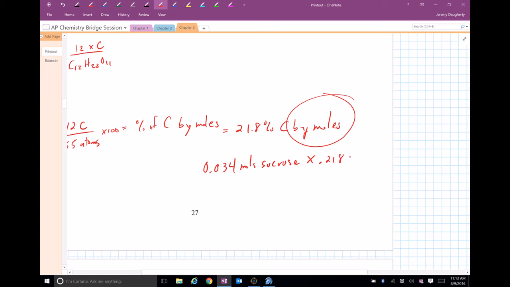That's carbon by moles. And I can get that I have 0.00742 moles of carbon. Because that's the percentage of carbon by moles.